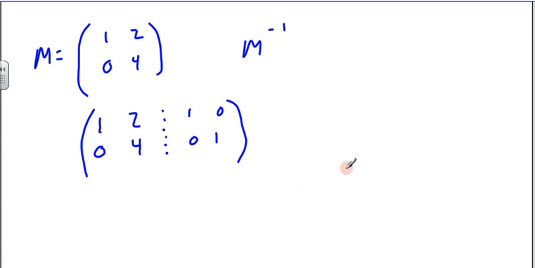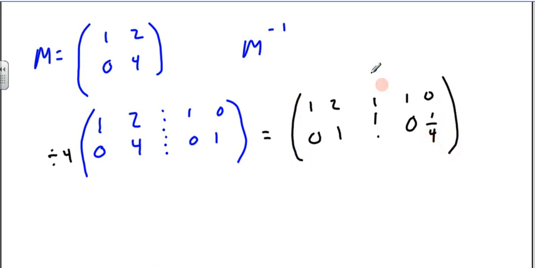Okay, so first thing I'm going to do is divide the second row by 4. And I'm going to get 1, 2, 0, 1, and 1, 0, 0, 1 quarter. Okay, and then you take the second row, multiply it by 2, and subtract it from the first row.